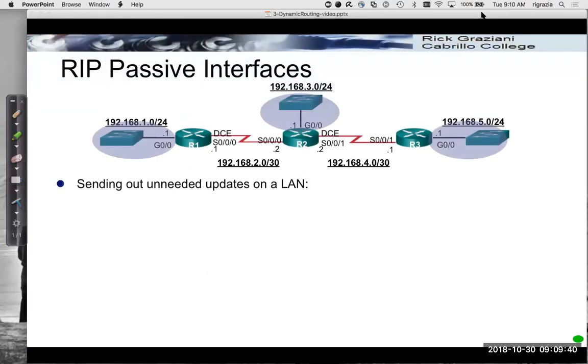We usually don't want to be sending out routing updates or routing messages or trying to form routing adjacencies in various routing protocols if there's no other router out there.